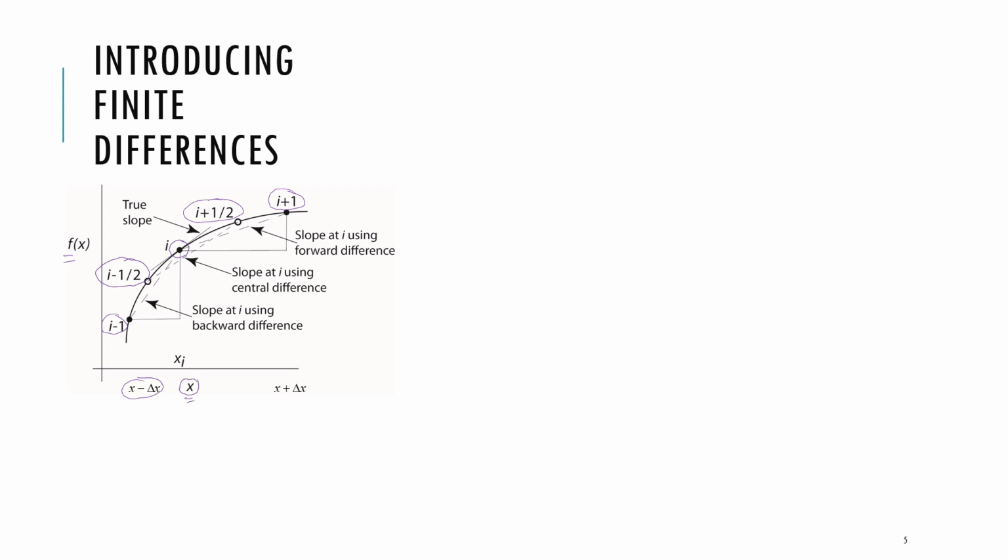Using Taylor series, we can write f at i plus 1 is equal to f_i plus delta x over 1 factorial del f del x at i plus delta x squared over 2 factorial del squared f del x squared at i, and so on.